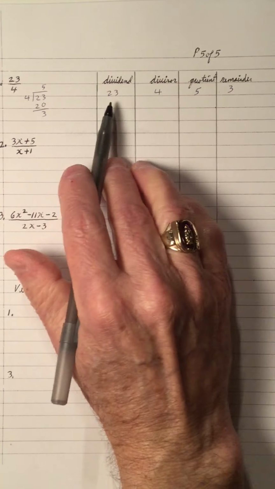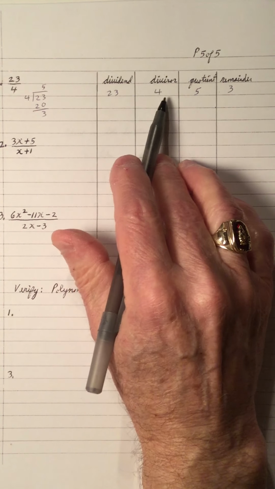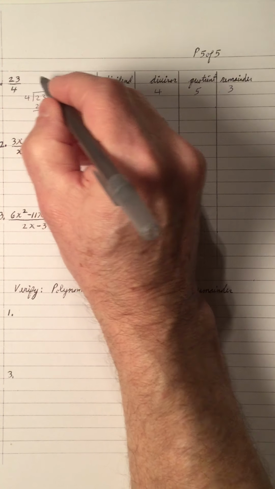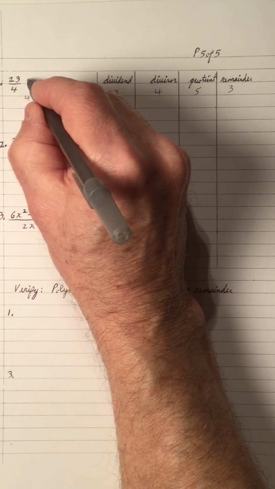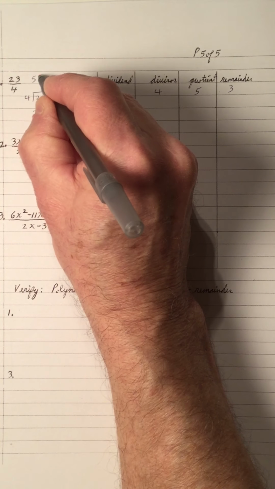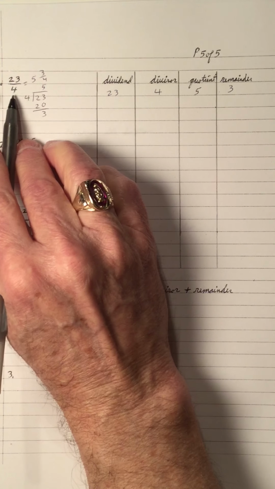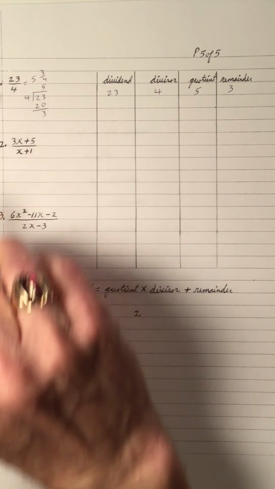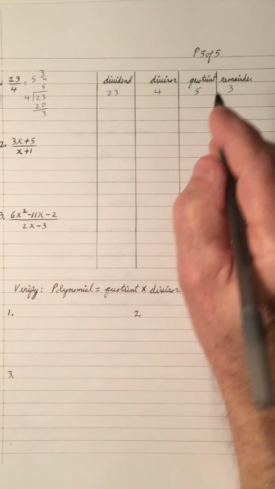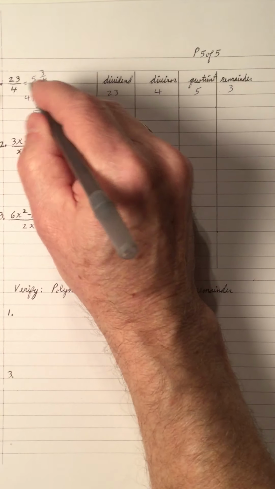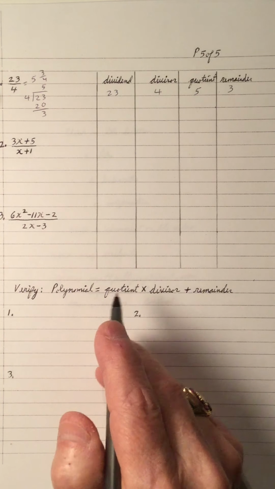So you can see how you're putting all this together. So if you look at it from this point of view, 23 over 4 would be 5 and 3 over 4, if I wanted to write it as a mixed numeral.